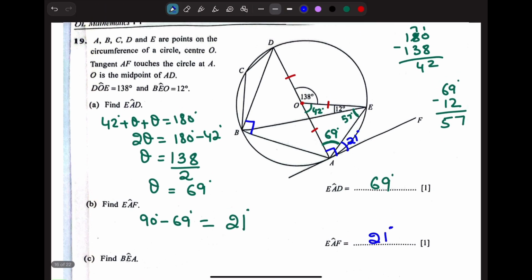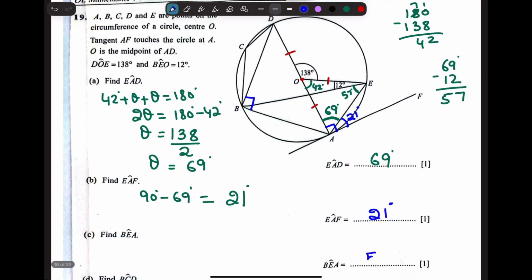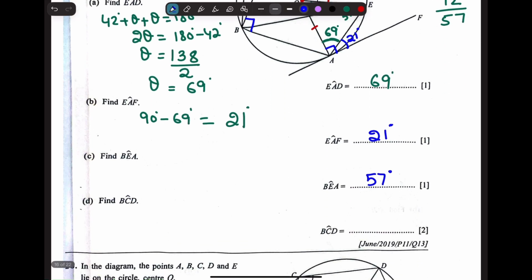Find BEA. BEA, we've already found that. BEA is 57 degrees. BCD.